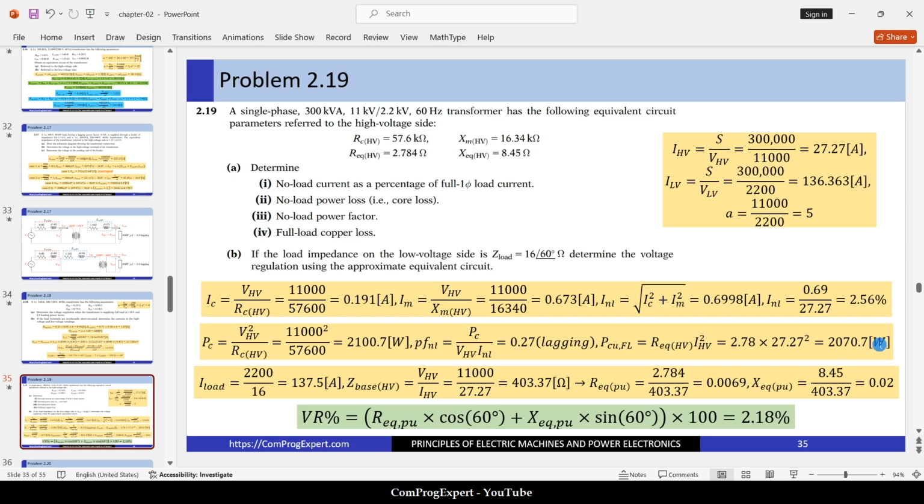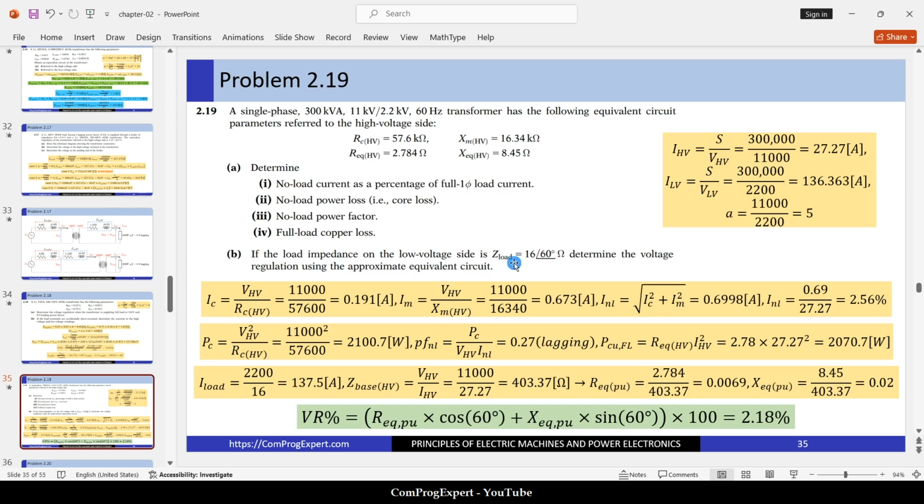So here, as you can see, rated copper loss is close to the rated core loss that we have here for this transformer.